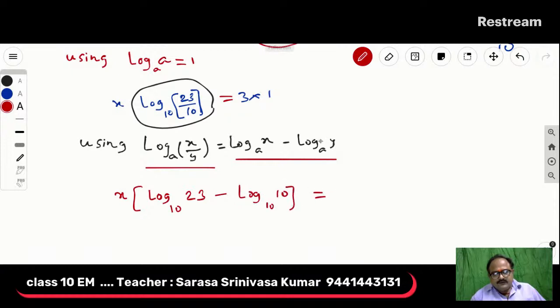This is equal to the right hand side, which becomes 3 multiplied by 1. It becomes 3.